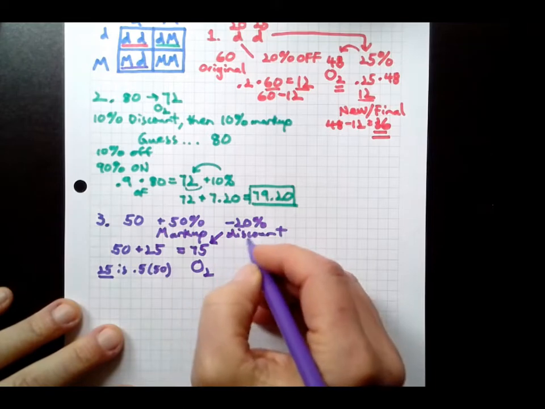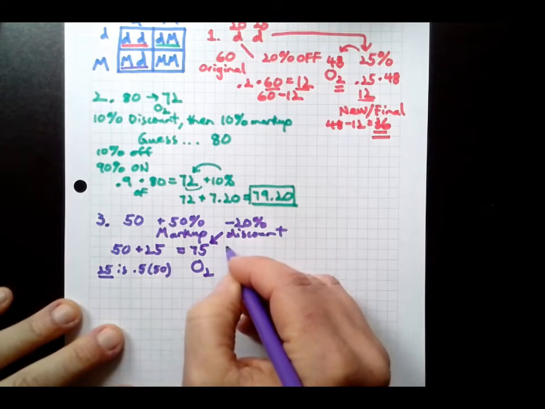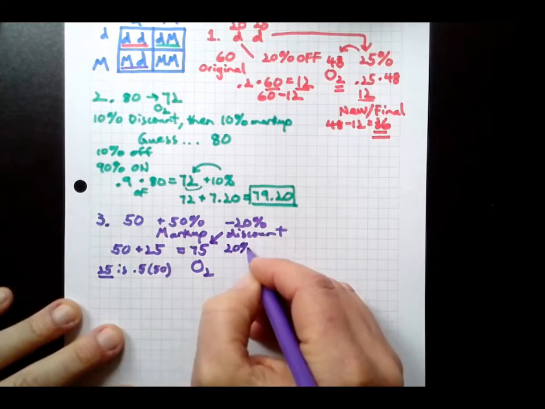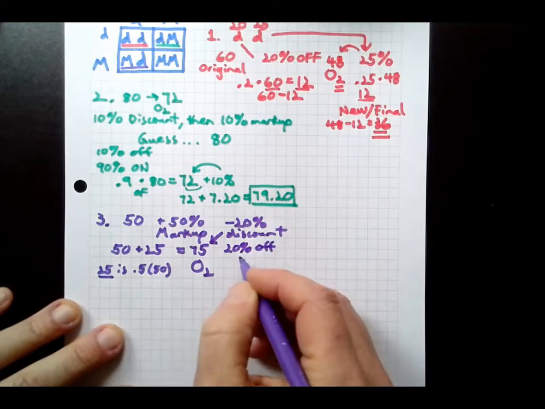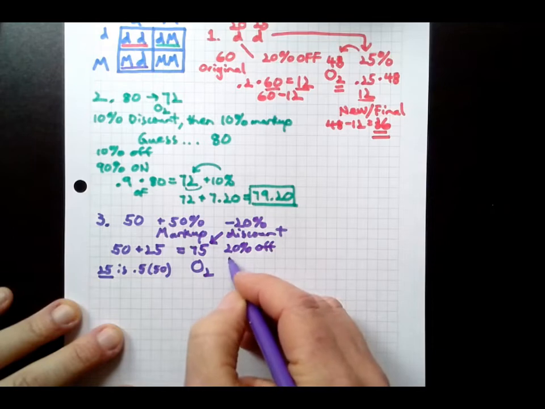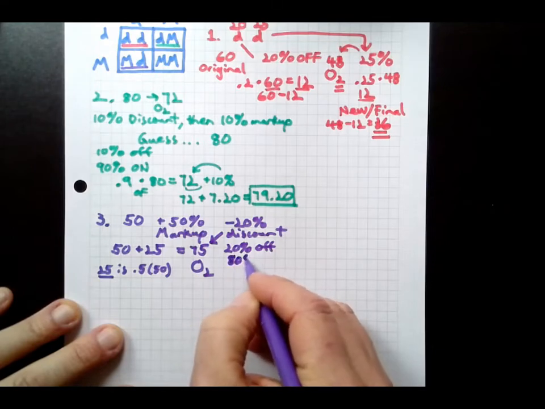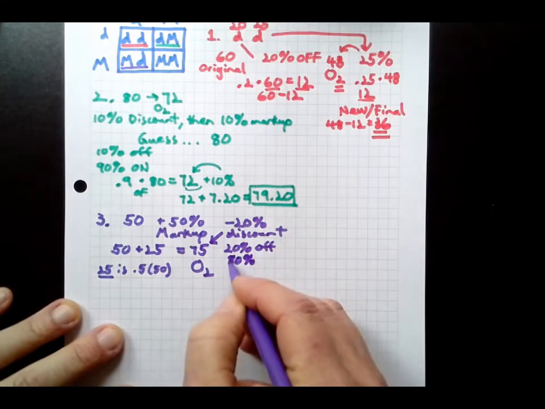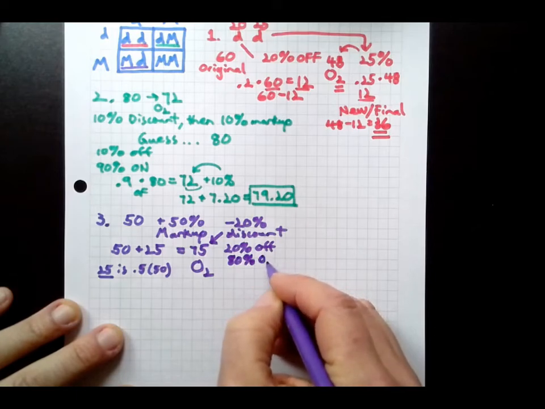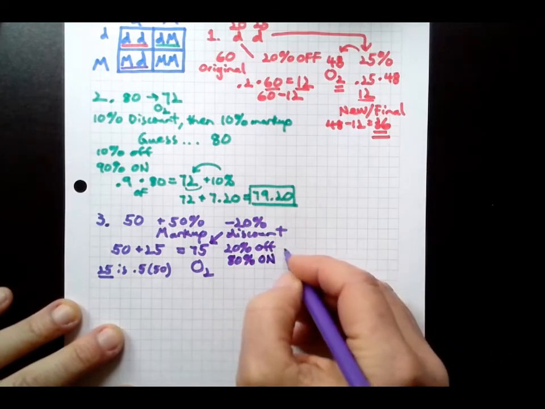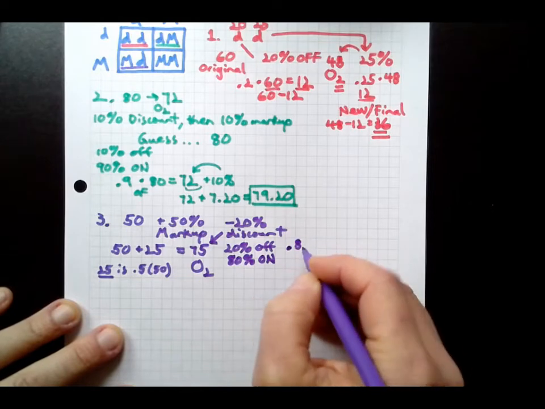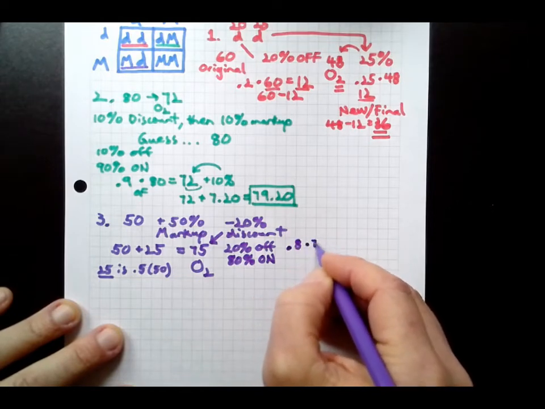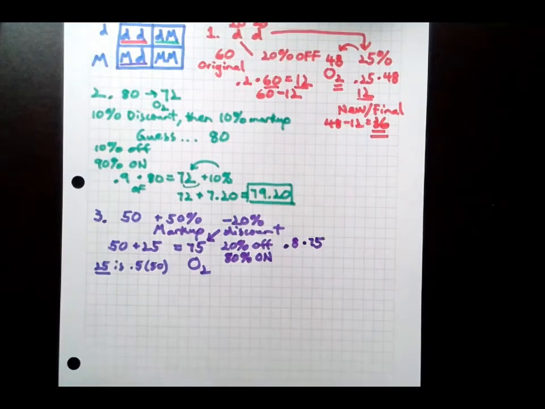Okay? So once again, if it's 20% off, how much is still being paid or sold for? The answer is 80%, because percent means 100 and these two numbers need to add up to 100. So I'm going to ask, what is 80% of 75?